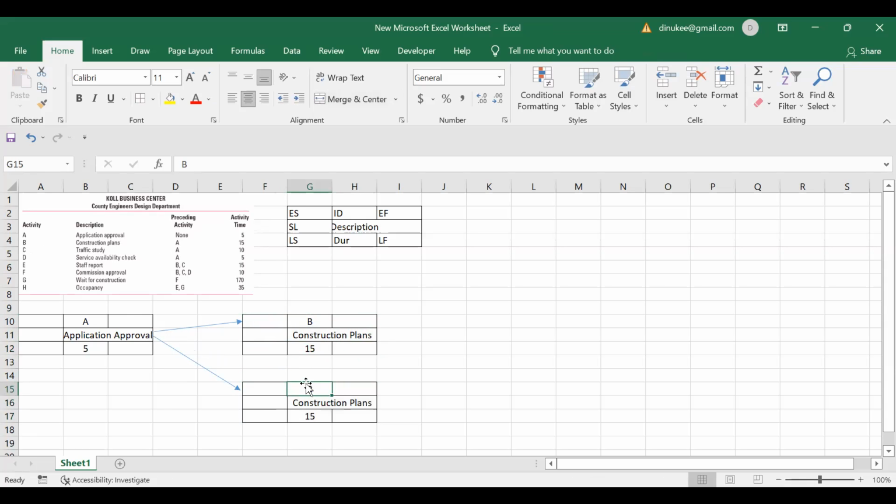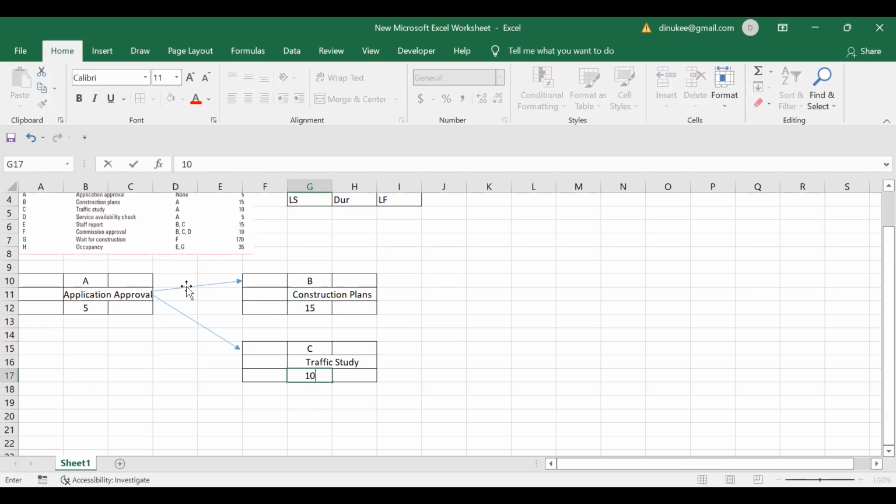For activity C, the description is traffic study, and the activity time is how much? 10. Right.